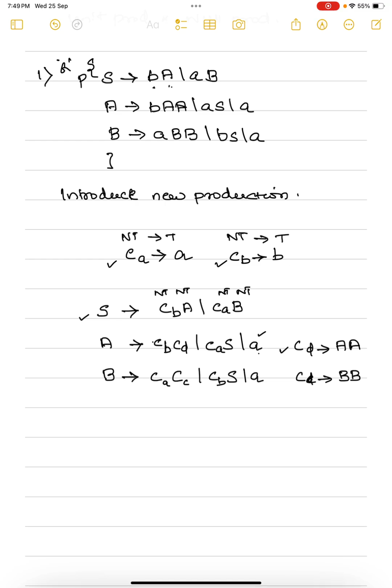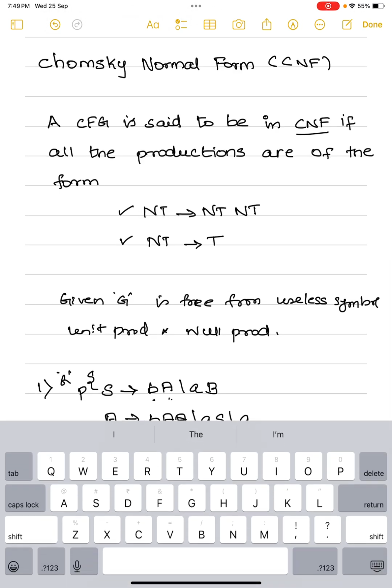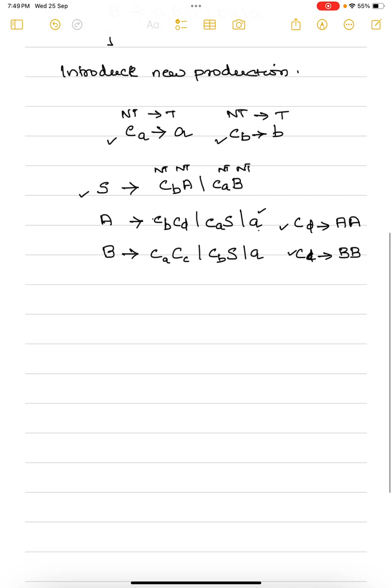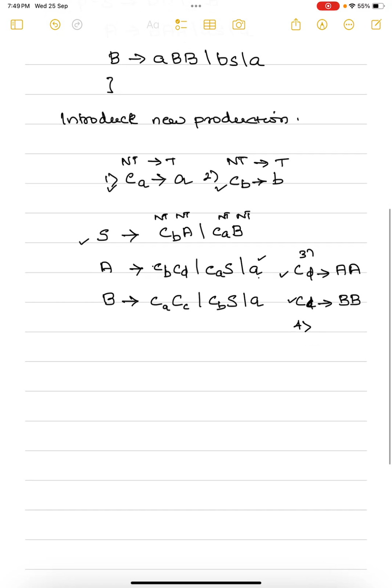Instead of B, I'm replacing with C_b because I want only two non-terminals on the right-hand side. Just by introducing four new productions, 1, 2, 3, 4, I'm able to convert the given grammar into Chomsky normal form.